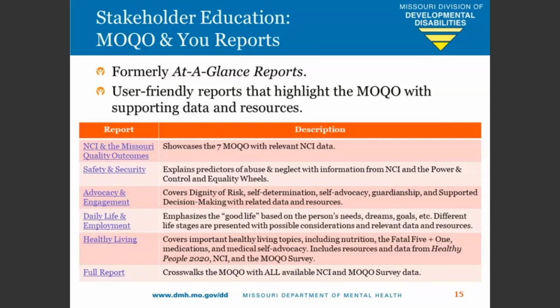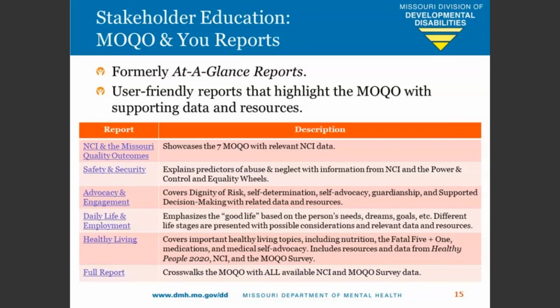But anyway, the first report is NCI and the measured quality outcomes. This report thoroughly goes over the outcomes with relevant data and resources.